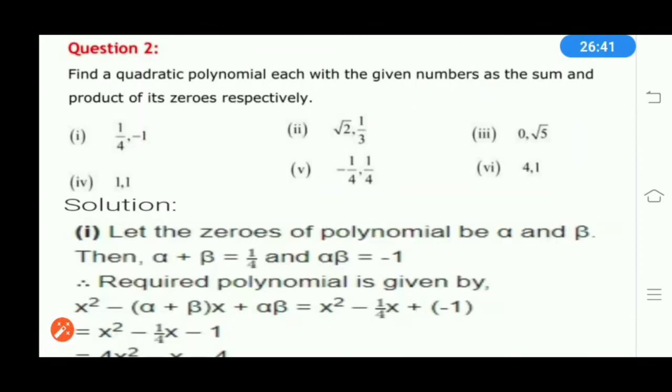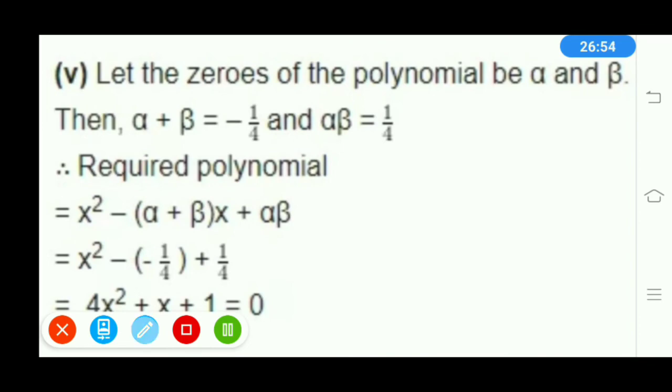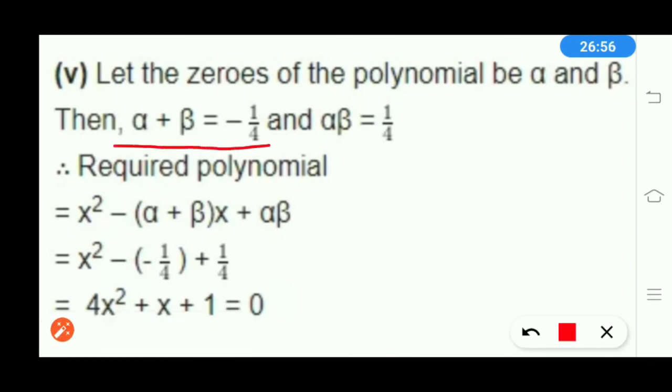Next, number 5. Alpha plus beta, that means sum of the zeros, equals minus 1 by 4 and product of the zeros equals 1 by 4. So here alpha plus beta equals minus 1 by 4 and alpha beta equals 1 by 4. So x square minus (alpha plus beta) into x plus alpha into beta. So x square minus of minus 1 by 4 into x plus 1 by 4.